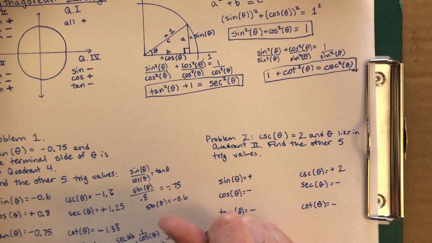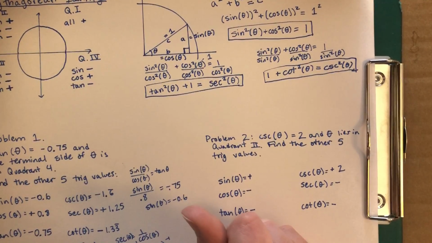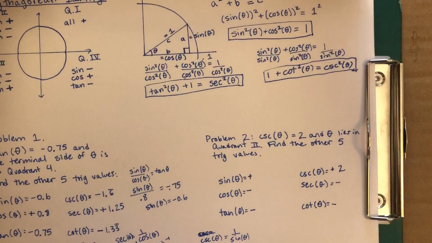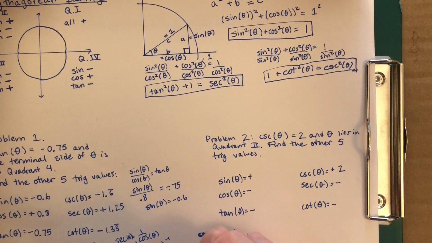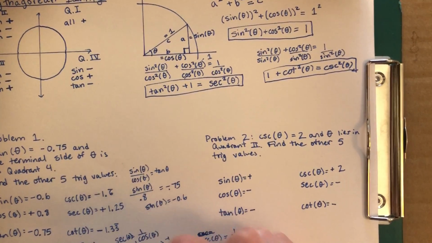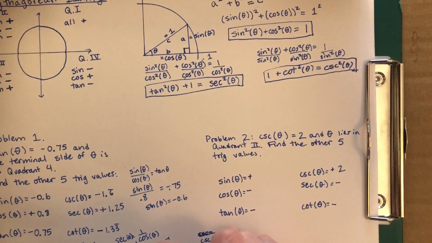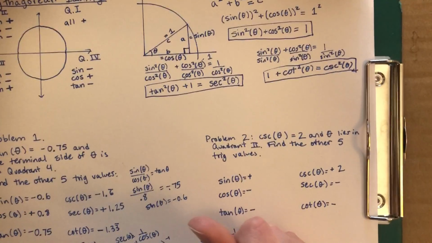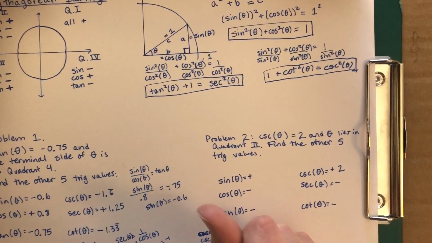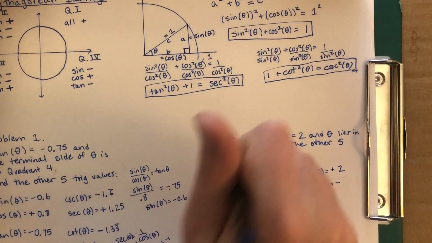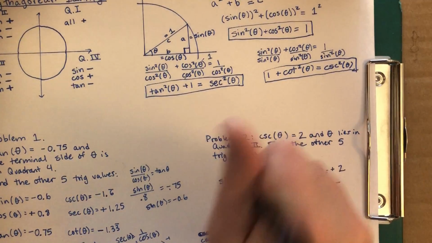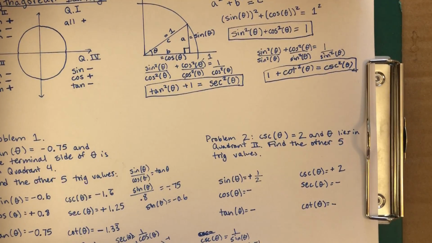So I know 2 equals 1 over sine of theta. That means that the sine of theta is going to be 1/2. There we go. So I find that a little bit easier to use.